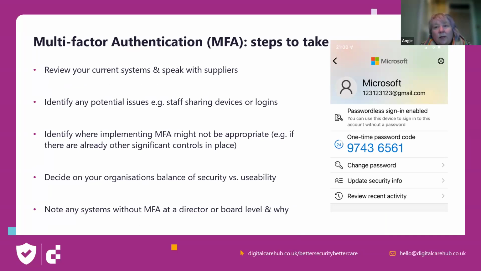Okay, so don't just put it in place because you think it should be. Make sure that you're still allowing usability of your systems, because what we find is people will find a way around it anyway if they find it unusable. So make sure that you create that correct balance between security and usability.